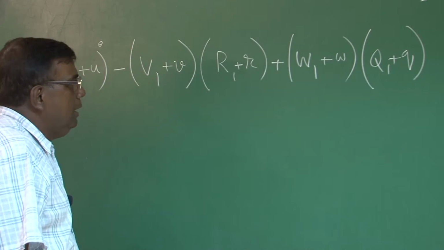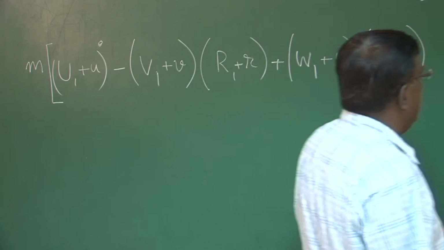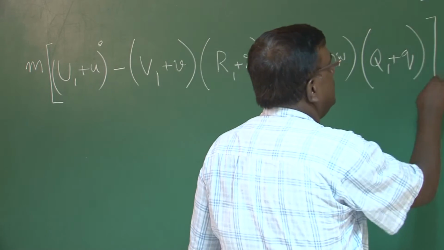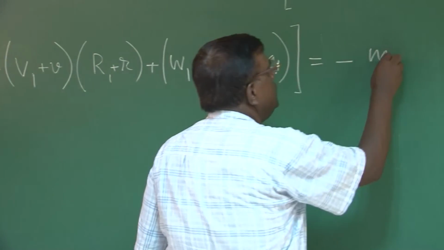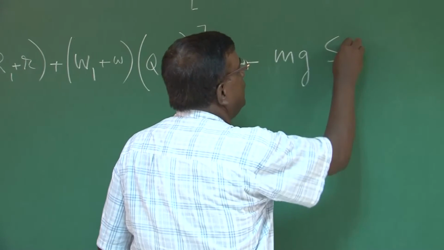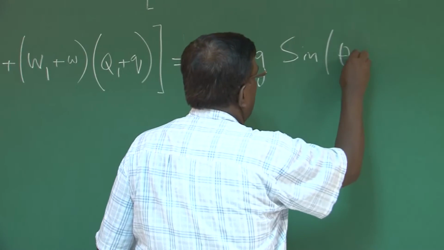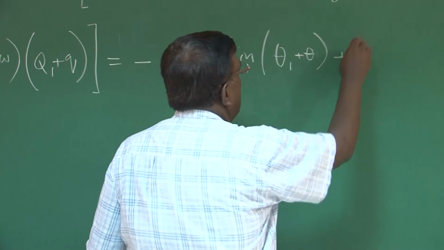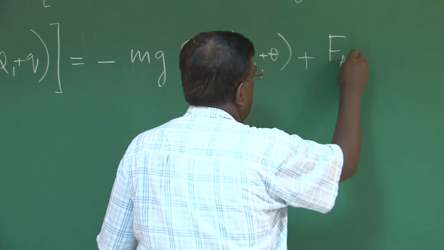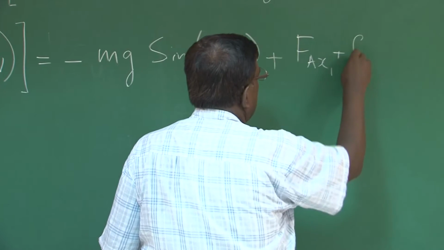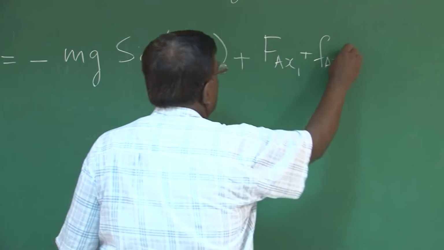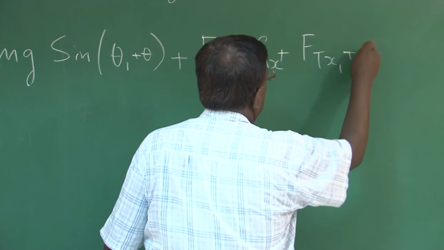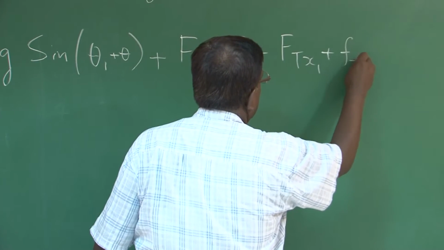This, I now erase this part. You know this will be equal to minus mg sine of theta1 plus small theta, plus F_ax1 plus F_ax, plus F_px1 plus F_px.